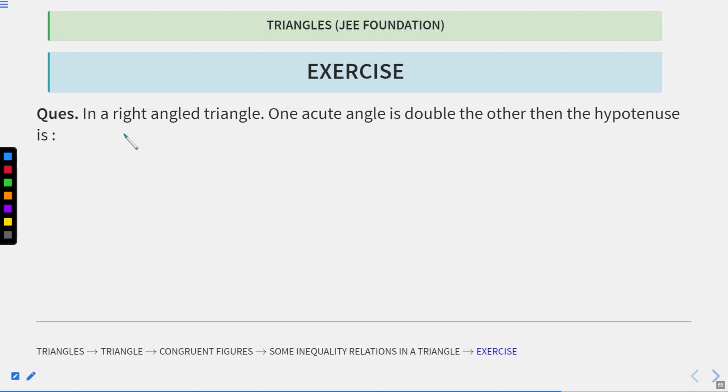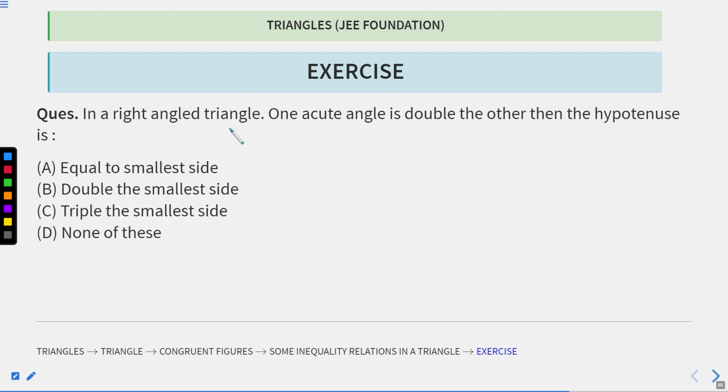Now, in a right angle triangle, one acute angle is double the other, then the hypotenuse is what? In this question, we are given a right angle triangle, which has a 90 degree angle, and the remaining two angles are acute angles.